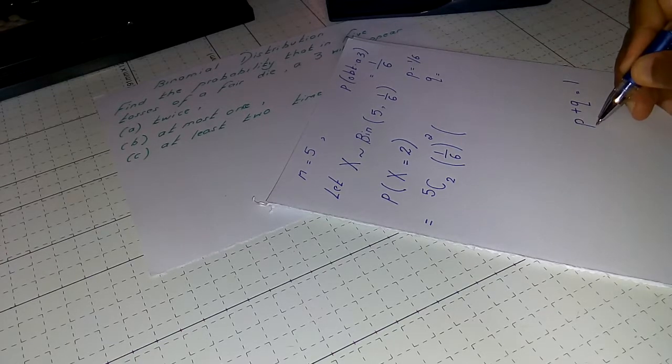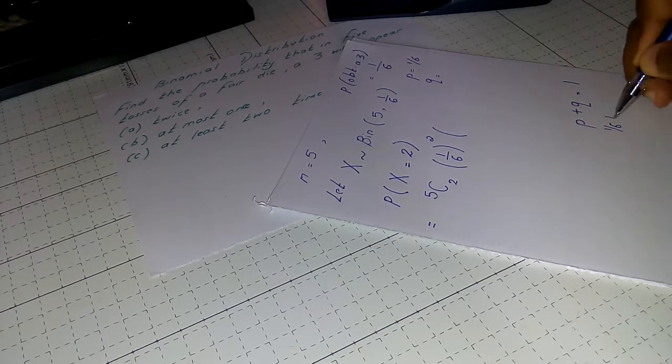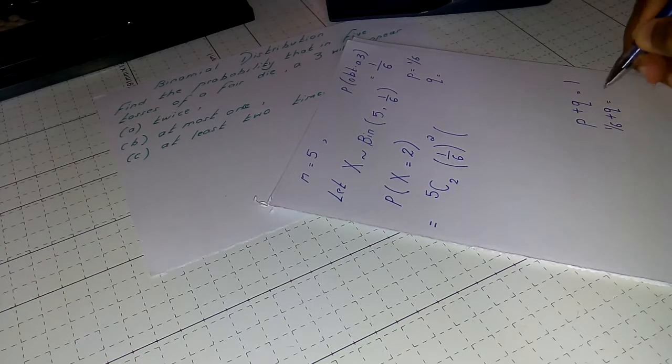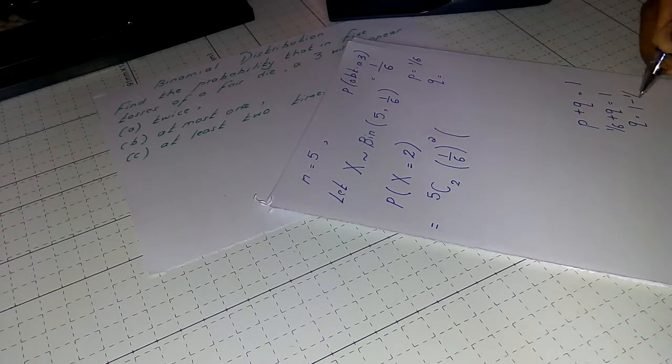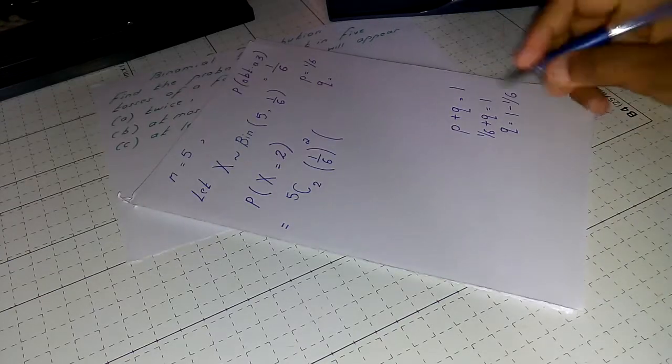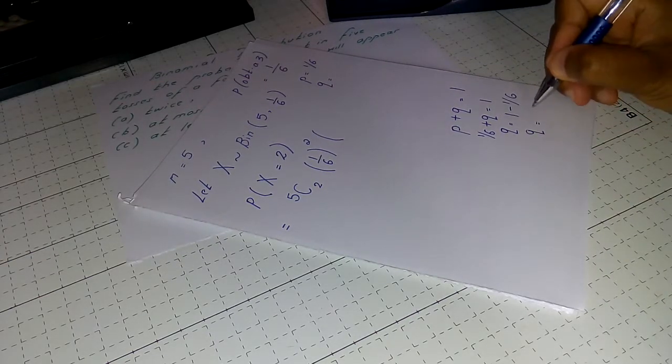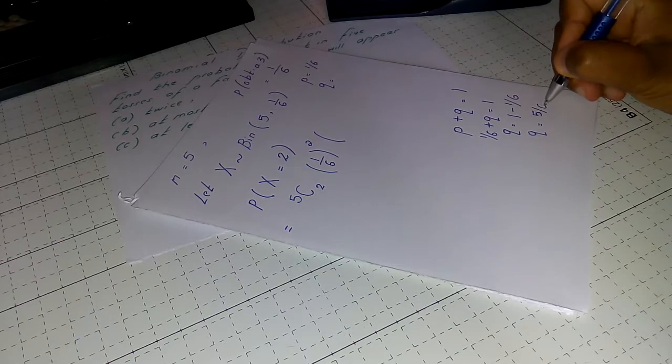So q is going to be 1 minus 1 over 6, which is 5 over 6.